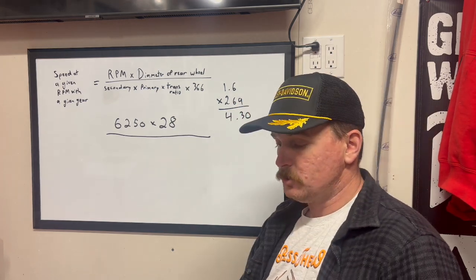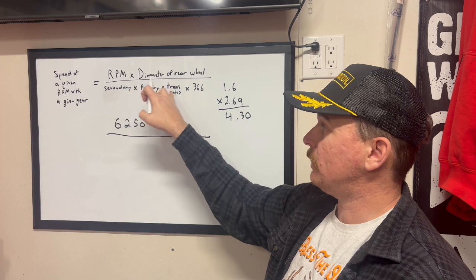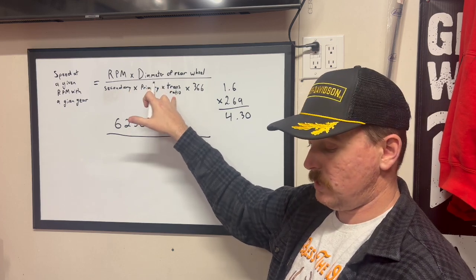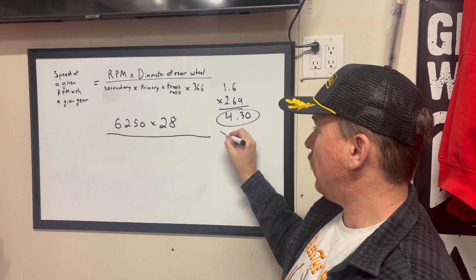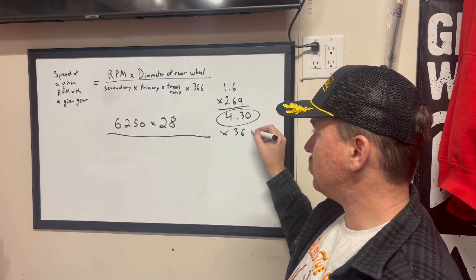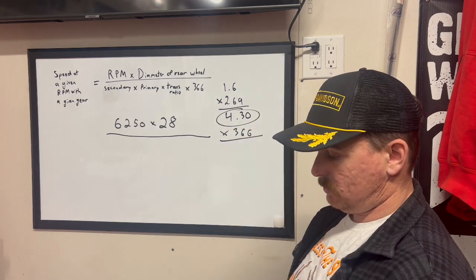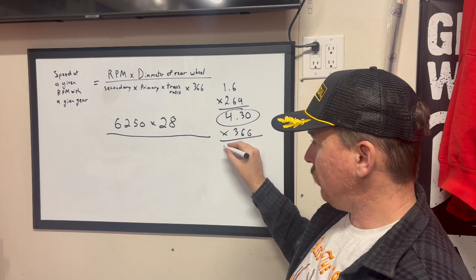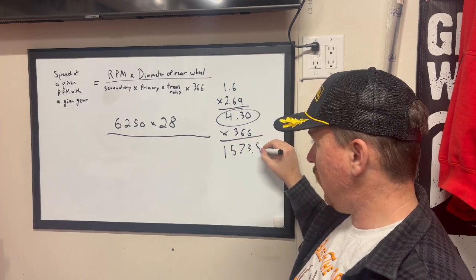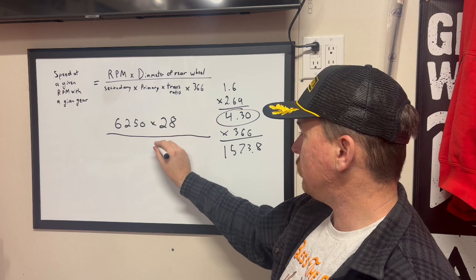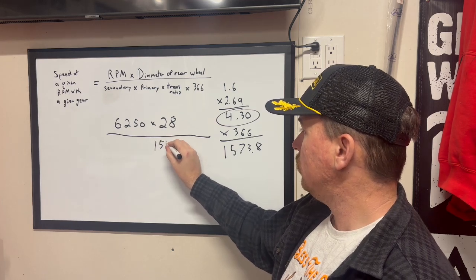So now we've got 4.3, our primary and trans ratio multiplied together. Now we multiply that by 366, and that gets me 1,573.8. I'm going to put that right here.